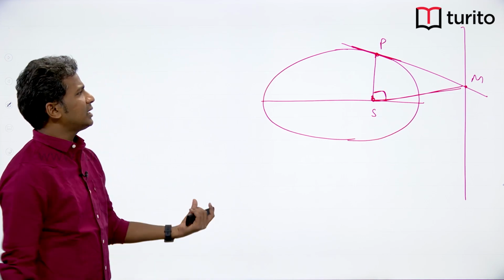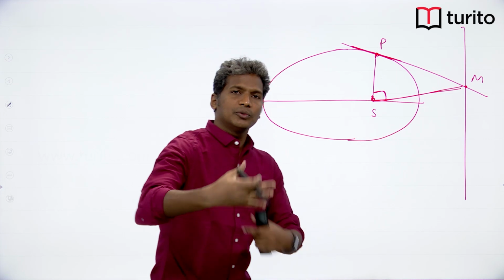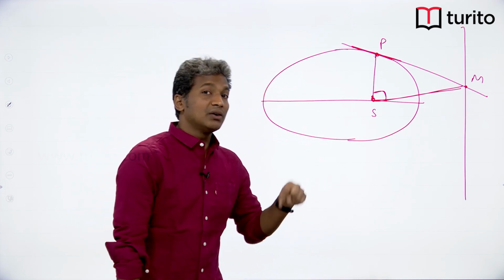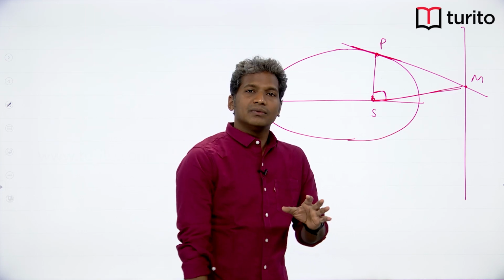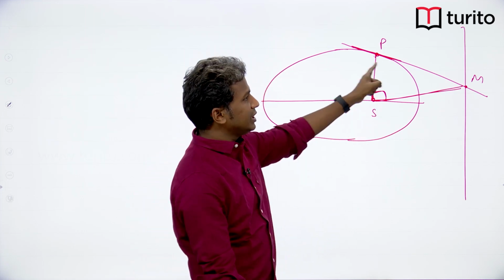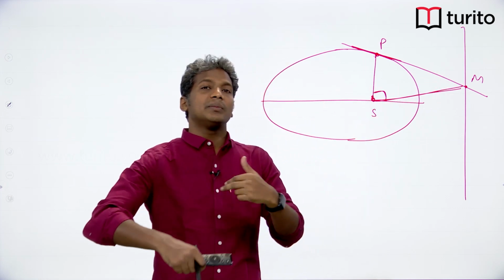So, how do we do that? Simple, take one point here either in form of h comma k or in form of a cos theta, b sin theta. Now, here which is better? It is better to go for a cos theta, b sin theta because we need the point here and we need the slopes. So, this way doing it will be faster.